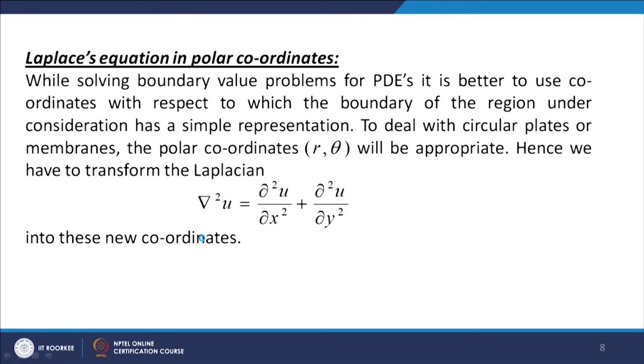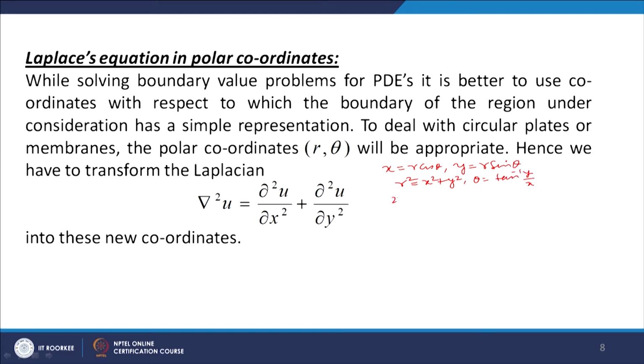We have the relationship between Cartesian and polar coordinates, x equal to r cos theta, y equal to r sin theta, and this gives you r square equal to x square plus y square, and theta equal to tan inverse y over x.